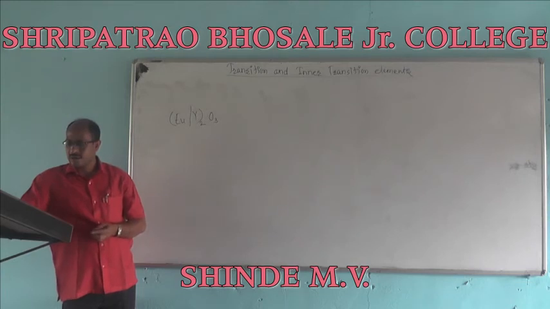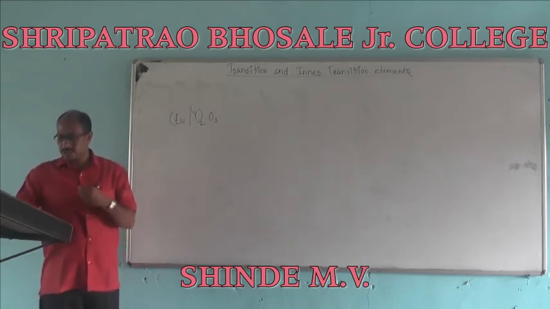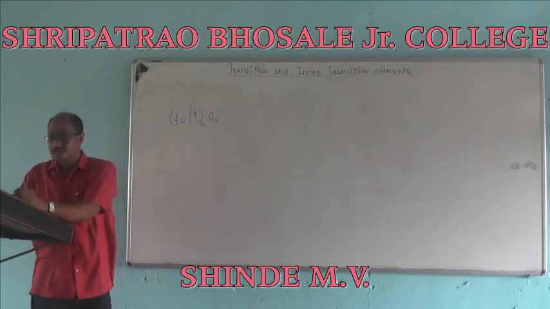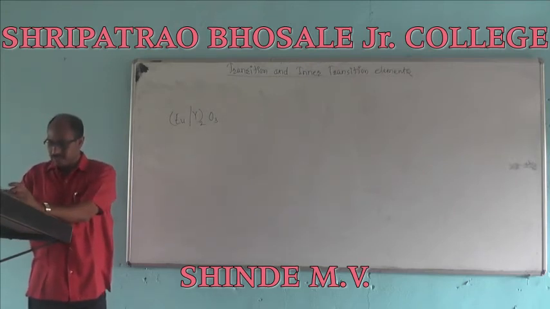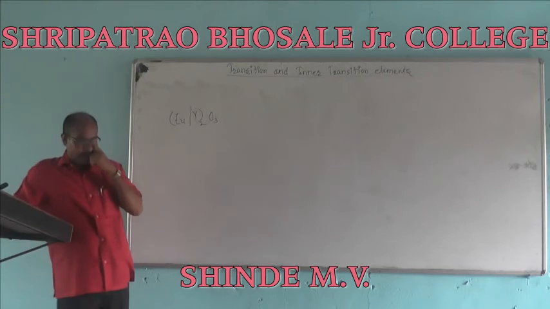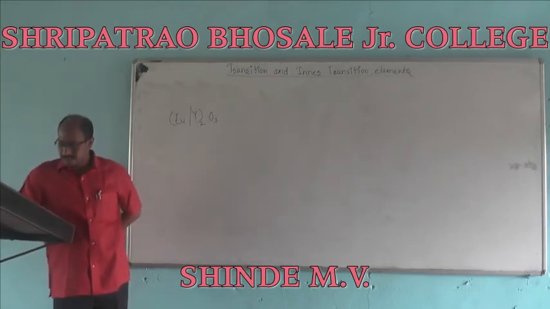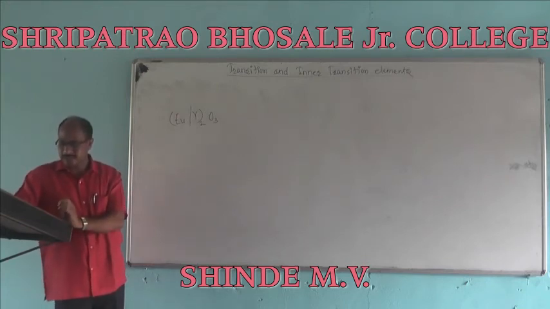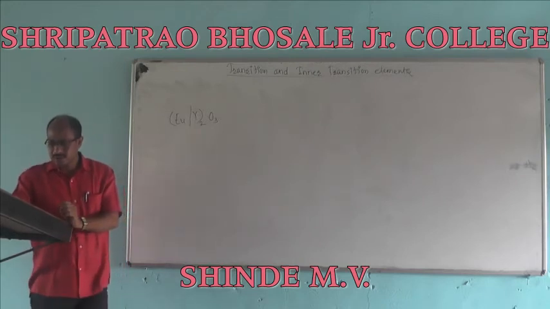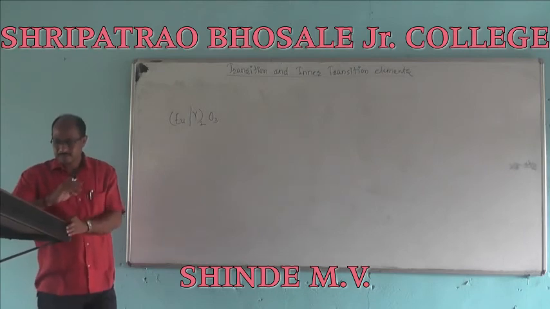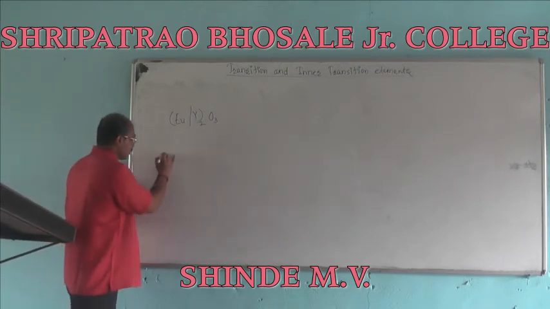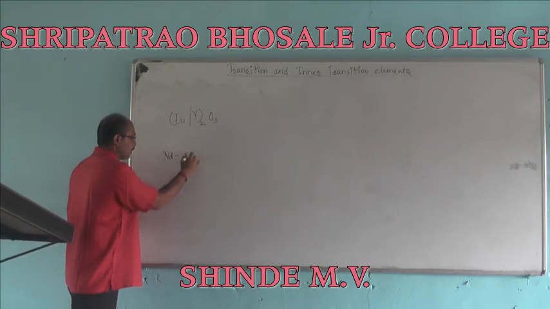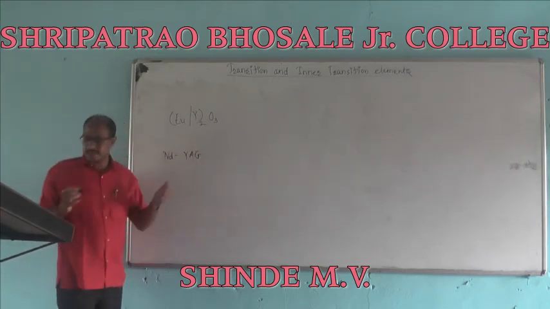Optoelectronic applications use lanthanoid ions, as these are active ions in luminescent materials. Luminescent means light-emitting. The most notable application is the Nd-YAG laser. What is it?